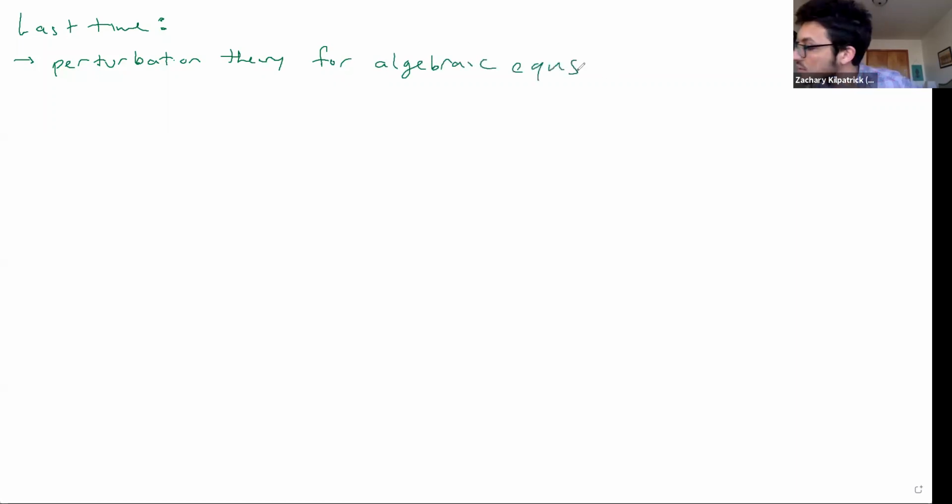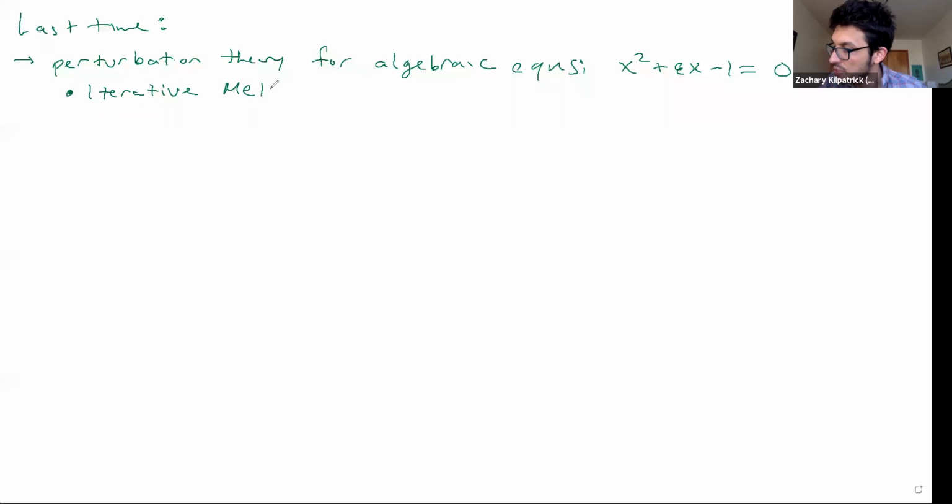For instance, if we have a quadratic like this, there are a couple of ways we can handle solving that. Of course, with a quadratic you could just use the quadratic formula, but we used the fact that we had a full solution to demonstrate a couple of different methods.